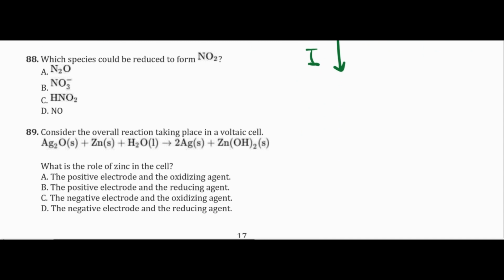88. Which species could be reduced to form NO2? So reduction definitions, we have decrease in oxidation state, increase in hydrogen, decrease in oxygen. So which of these species could do either one of those three things in order to get to NO2? Well, it's definitely not D. If we reduce that even further, we won't be able to get to NO2.